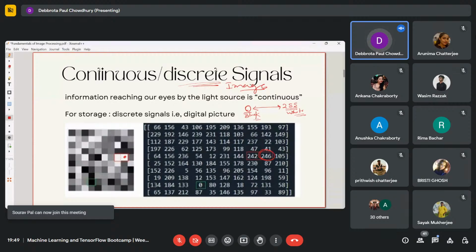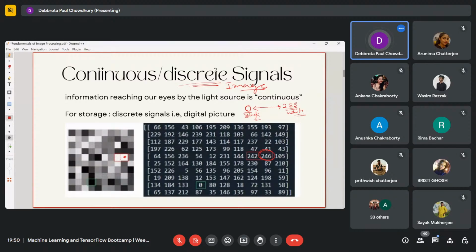Let me tell you, there is no concept of pure black, because only in a lab can you see pure black pixels. Whatever screen you see, those are not perfectly 100% black. Those are 99.9% black. Only in a lab can you get to see 100% black. So they tend to black, that is, tend to 0.